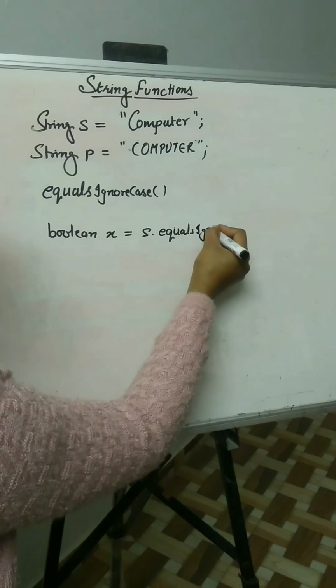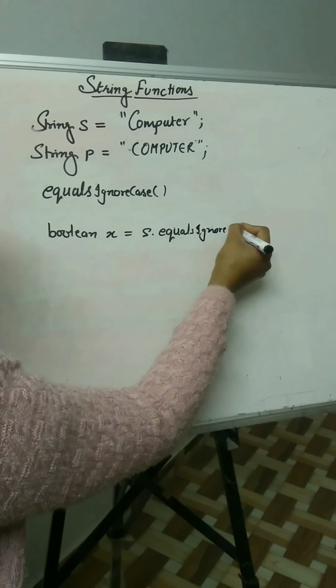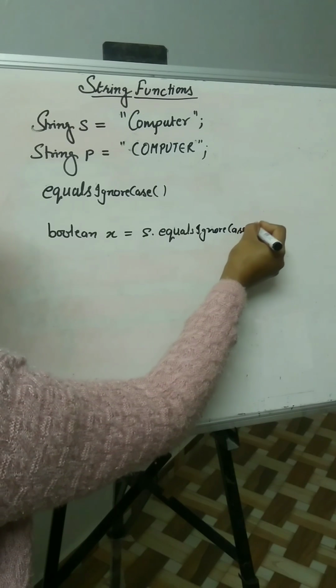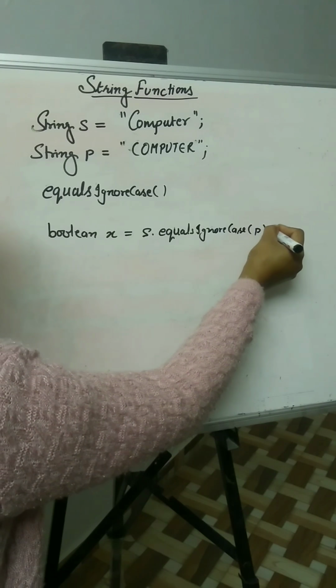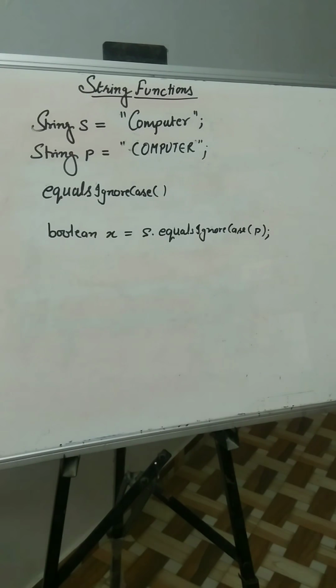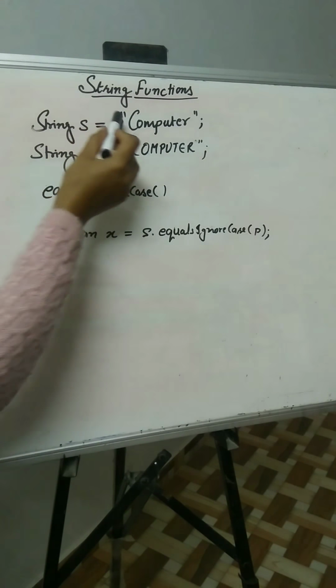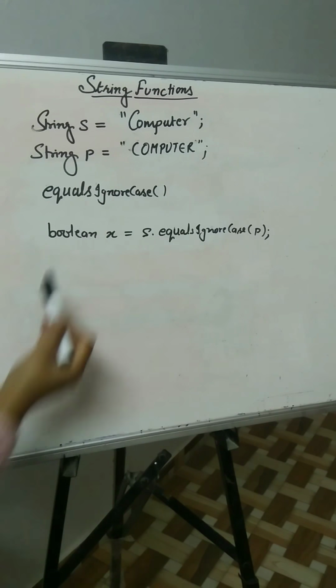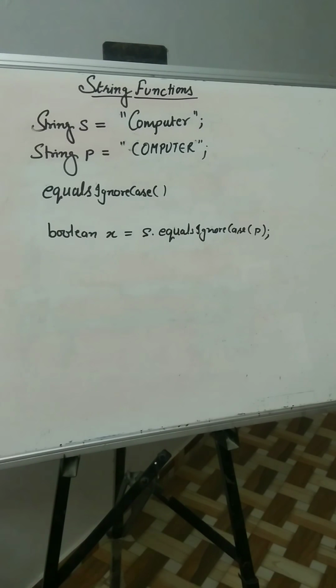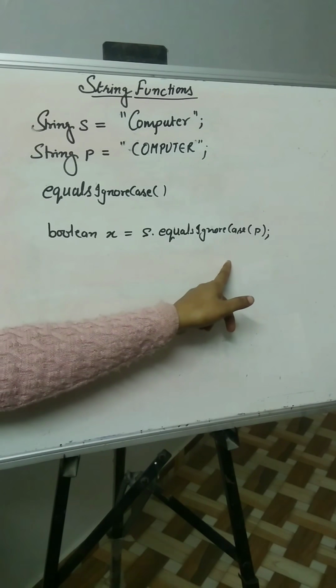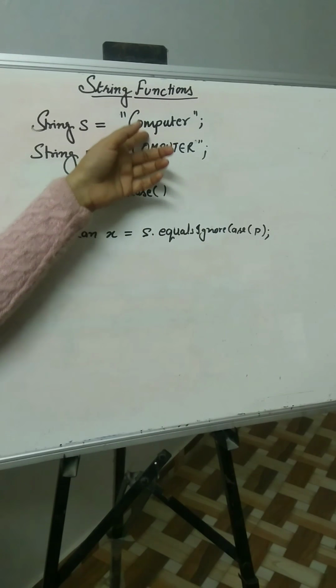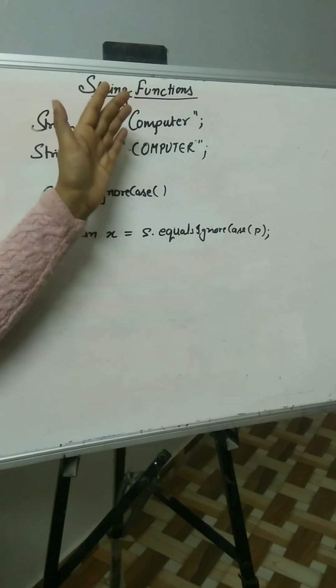So if we write the equals ignore case function with P, then they are identical, meaning the X value is true when we write the equals ignore case function, because it ignores the cases.